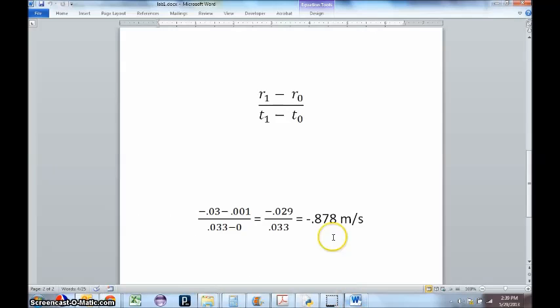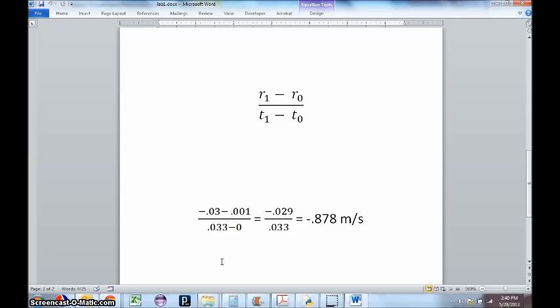I got that from the calculation of my first position minus my initial position over the time difference. So my initial position was 0.001, and at the next time step it was at 0.03, which I got from tracker, and my time step in tracker was 0.033.